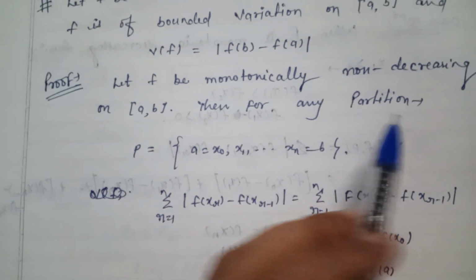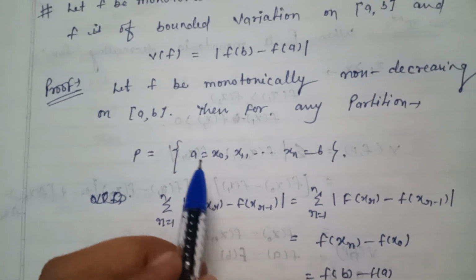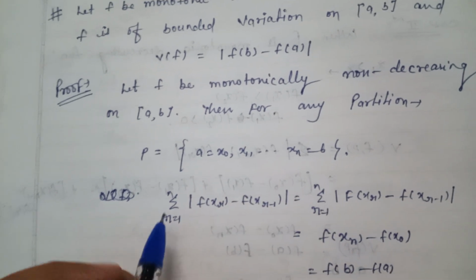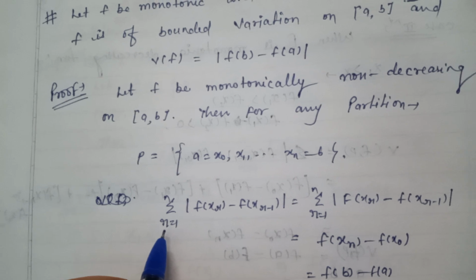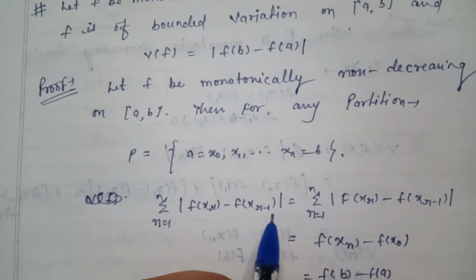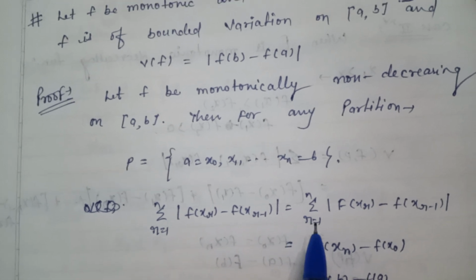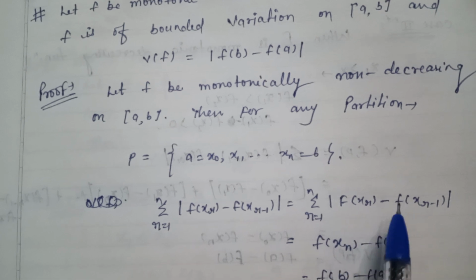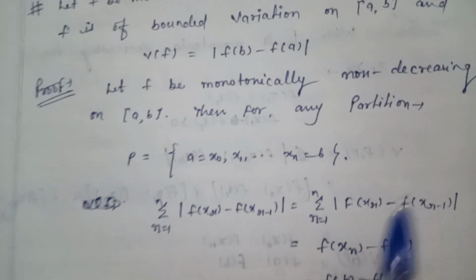Then for any partition P = {a = x0, x1, and so on, xn = b}, summation r = 1 to n of (f(x_r) − f(x_{r−1})) is equal to summation r = 1 to n of |f(x_r) − f(x_{r−1})|.